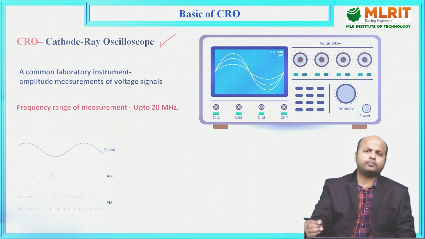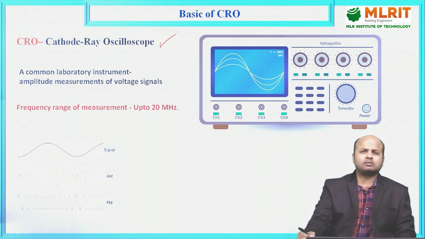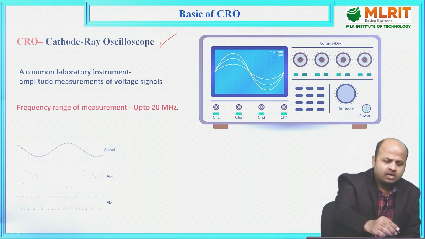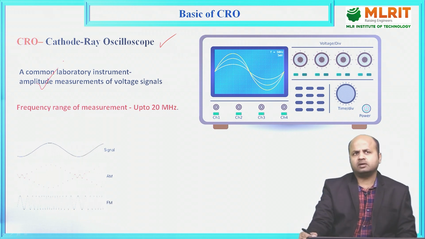It is very important equipment in the field of electronics and it is widely used to measure the amplitude of any signal, and also it is used to measure the frequency of any signal. So, by means of CRO, we can measure amplitude as well as frequency of any signal.